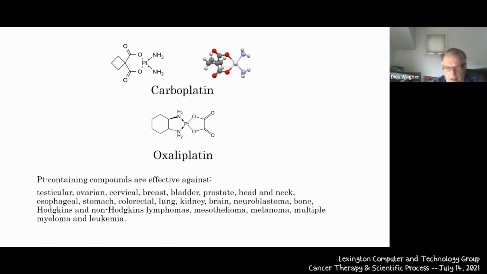It's used a lot. It's one of the major chemical compounds that's used. From what I have seen and heard, somewhere around 40 to 50% of chemotherapy uses a platinum compound in some form.